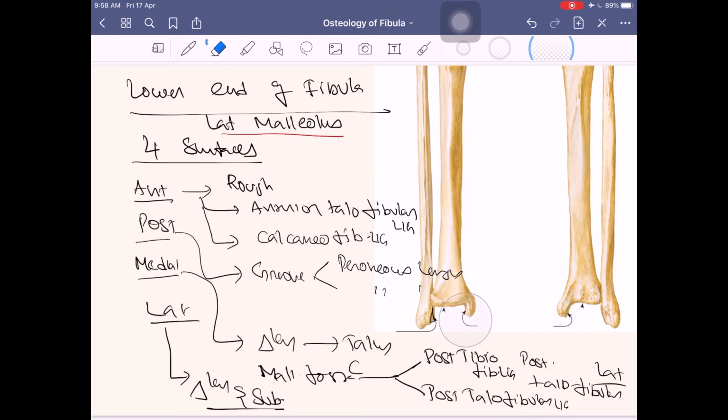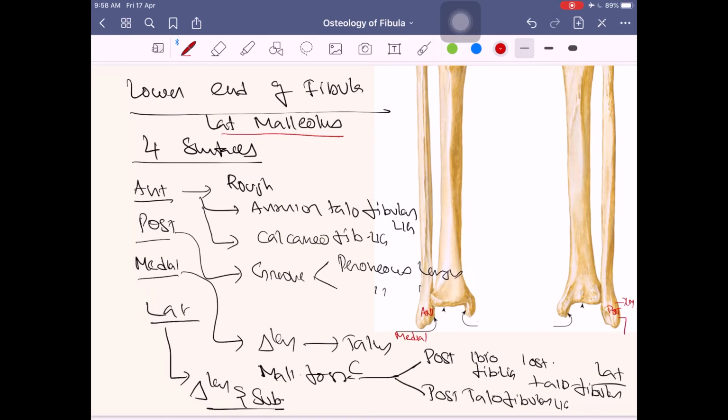So this is an anterior surface, and there is a posterior surface, so this is the posterior surface. Then there is a medial surface, so this arrow is showing the medial surface, and there is a lateral surface, so the lateral surface is this. So these are the four surfaces which your lateral malleolus, the lower end of the fibula, has.